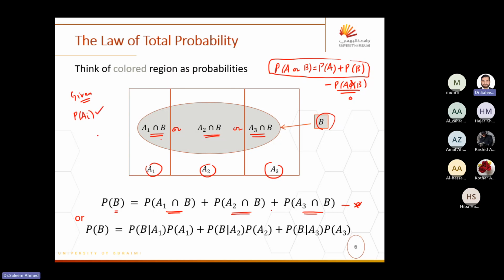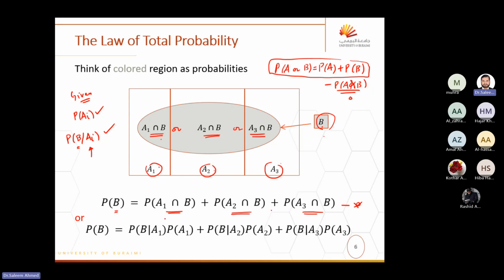Probabilities of AI are given, A1, A2, A3, and also the probability of B given AI is known. It means if I don't know the probability of B, but if you tell me which event has occurred, then I can tell you the probability of B. So these 6 probabilities are given to me. Probabilities of A1, A2, A3 are given, and B given A1, B given A2, B given A3 are also given.